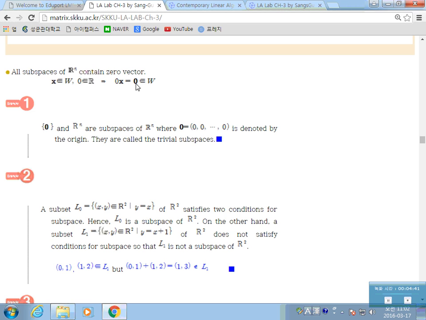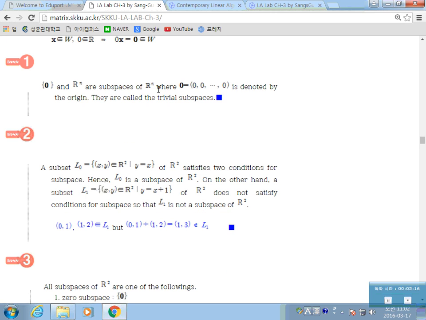So the zero vector is always in W, for any non-empty subset W of Rn that is a subspace. So any subspace of Rn contains the zero vector.